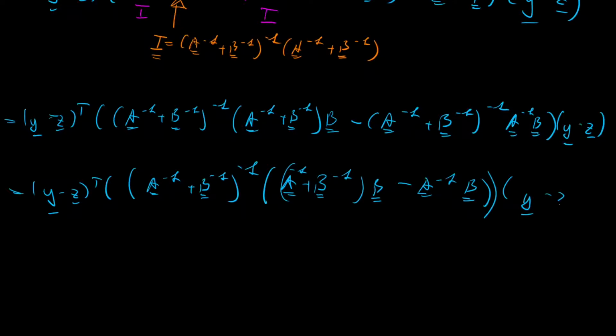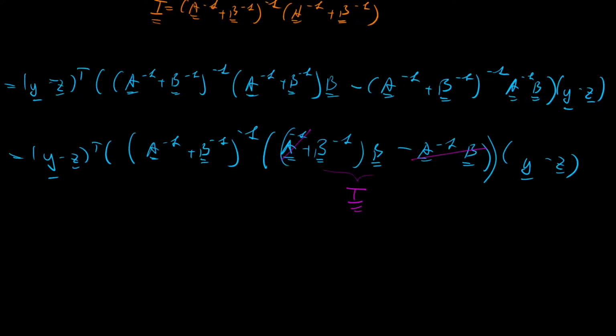So then we have y minus z here. And then if we multiply this out, then we are getting A inverse times B minus A inverse B will cancel. And B inverse times B will just be the identity. And then we can break this down further, and we are getting the vector y minus vector z transpose times (A inverse plus B inverse) inverse times y minus z.